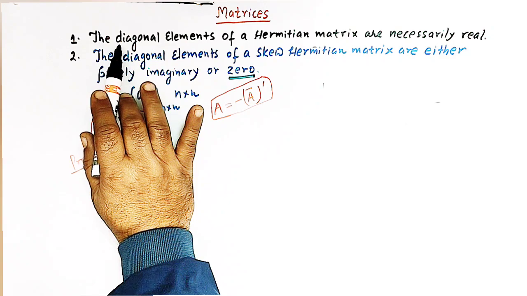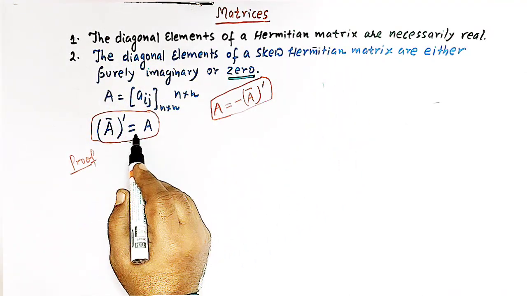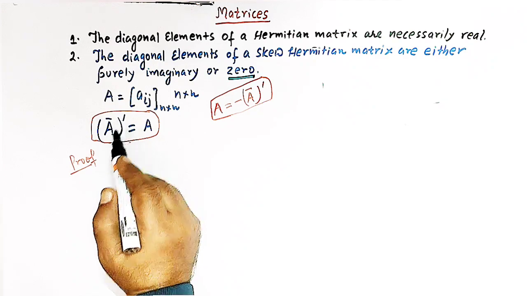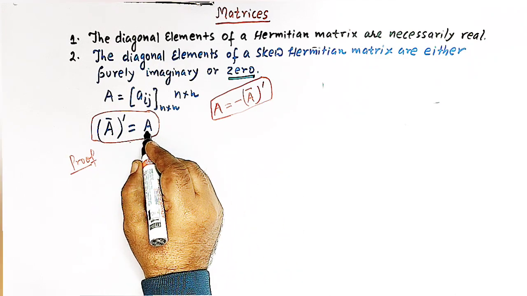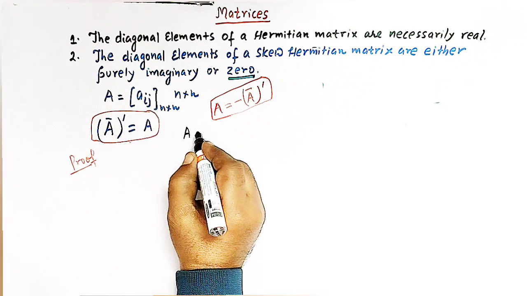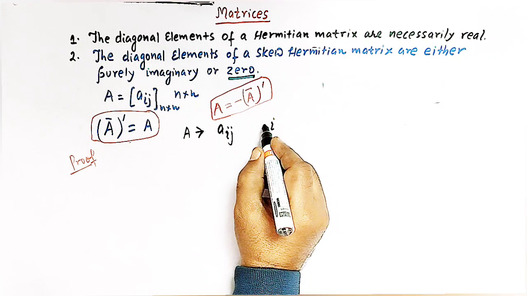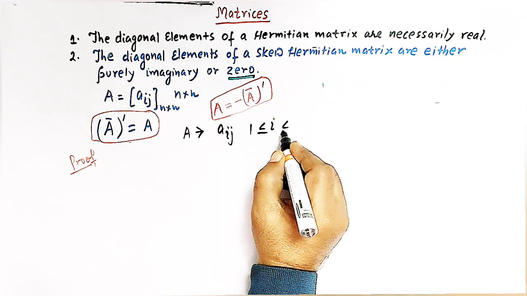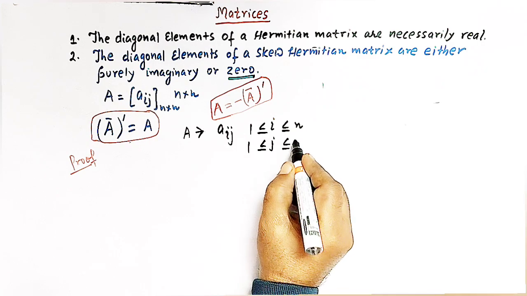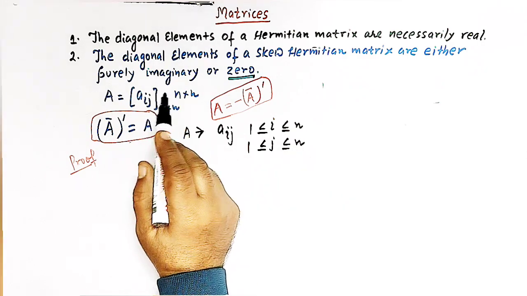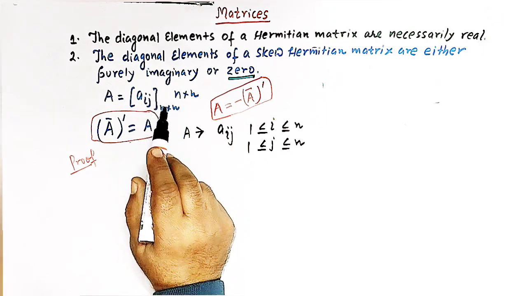So now, in the first case, the definition of the Hermitian matrix is A is equal to the transpose of the complex conjugate of matrix A. So let us denote the elements of matrix A by a_ij, where i goes from 1 to n, and j also goes from 1 to n, because we are taking the matrix A as a square matrix of order n, right?